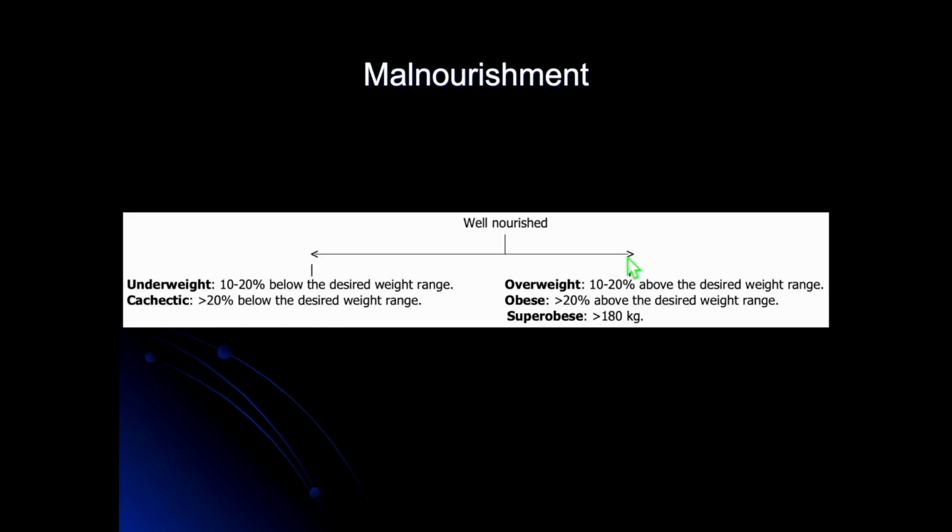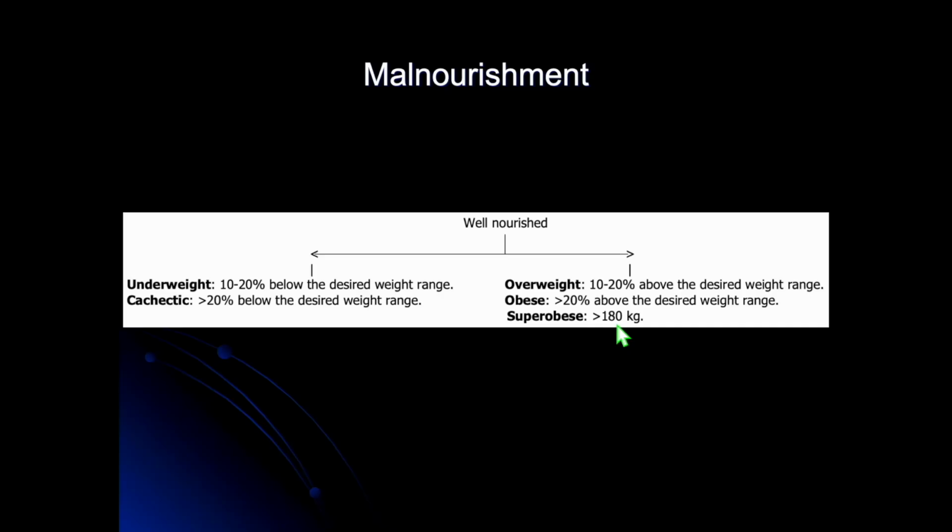On the higher side, if the body weight is between 10 and 20% above the desired weight range, the patient is said to be overweight. If the body weight is more than 20% above the desired weight range, the patient is said to be obese. And then there is an absolute figure of 180. Body weight above 180 kg qualifies as super obese.